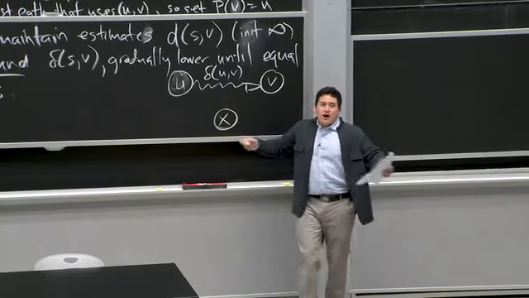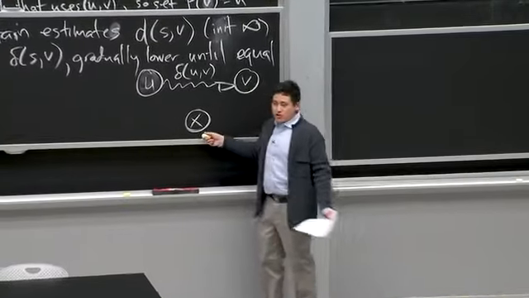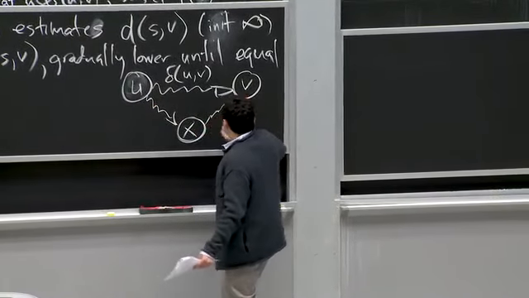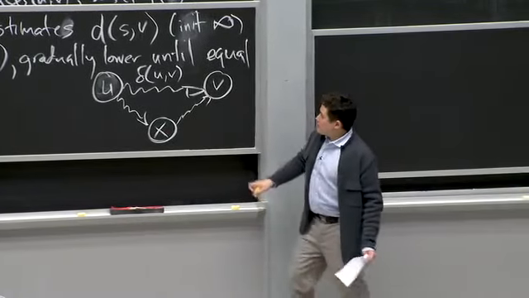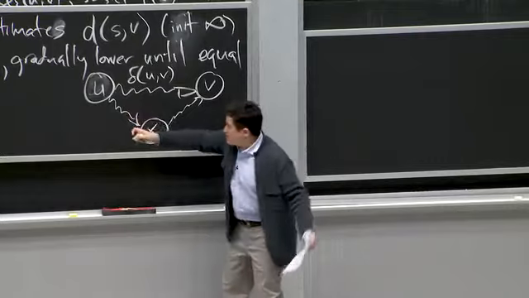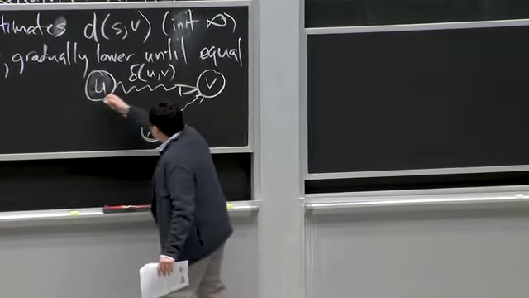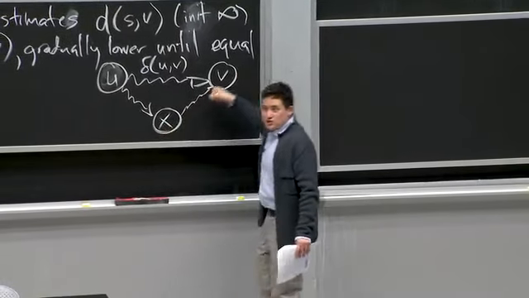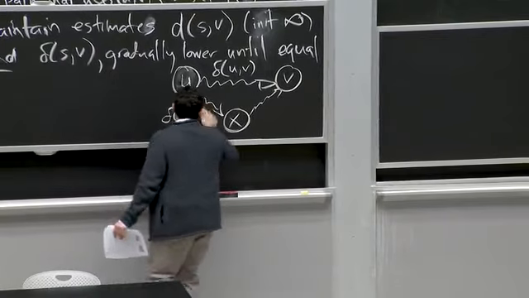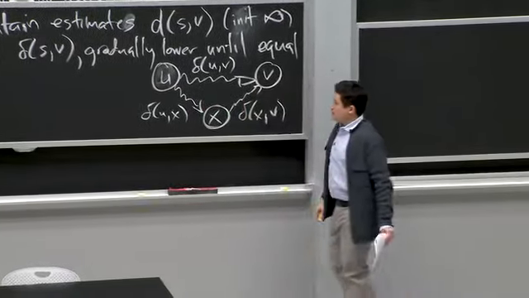Of my paths, I'm now restricting the paths that I have to the ones that go through x. The shortest path distance from u to v can't be bigger than restricting to paths that go through x and taking that shortest distance, getting the shortest path distance from here and adding it to the shortest path distance here, delta u x plus delta x v, right?